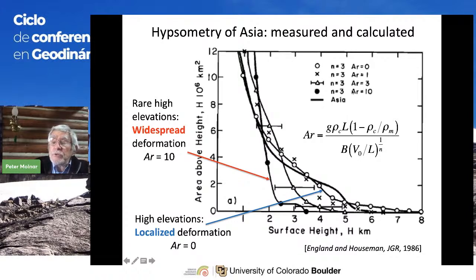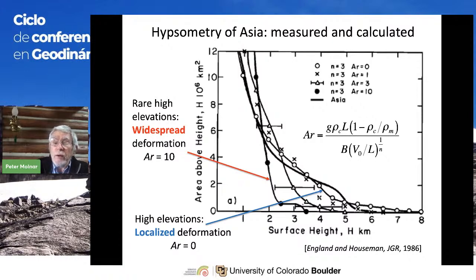At the opposite extreme, when the Argand number is very large, 10, that's this curve coming down through that black circle to that black circle, you have almost no terrain that's higher than 2 or 3 kilometers. And the reason is simple. The material spreads out. As you try to deform, instead of building narrow mountain ranges, it just spreads out.